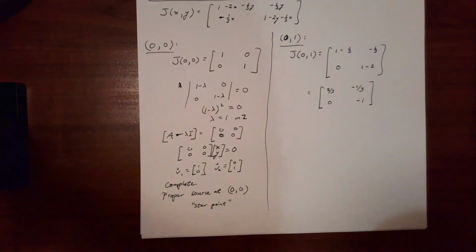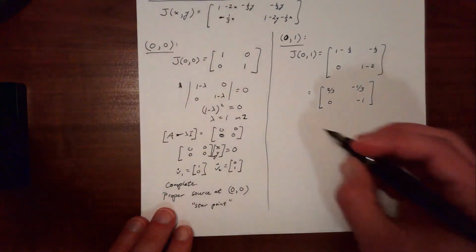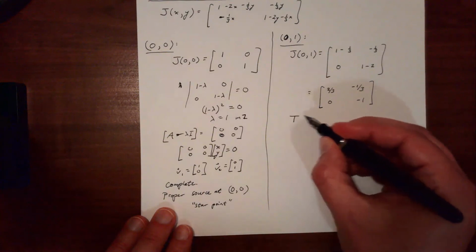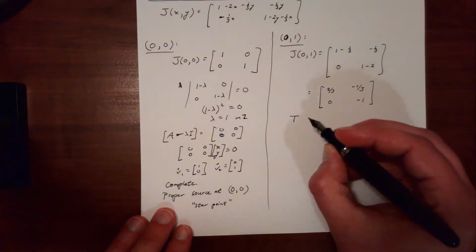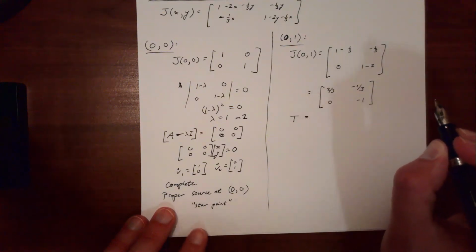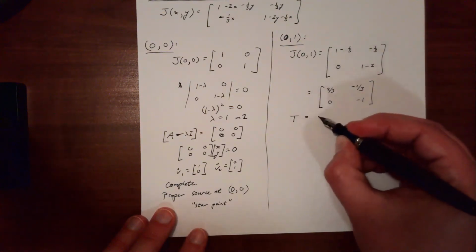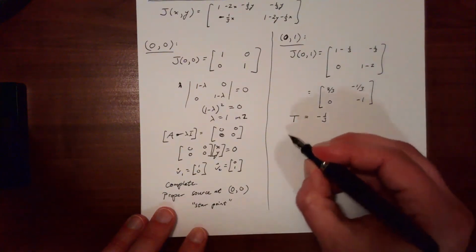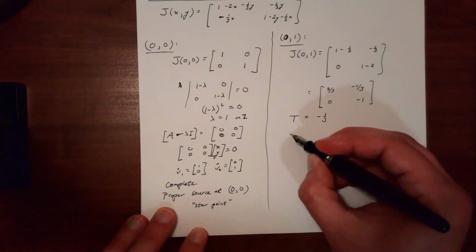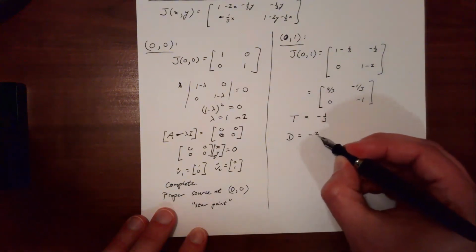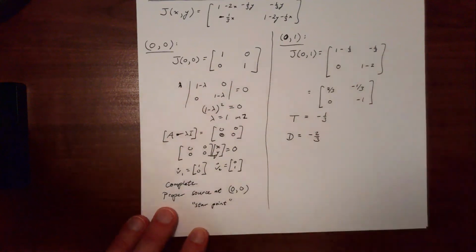So here, instead of finding the eigenvalues, maybe I'll just go with the trace determinant plane. So the trace here is equal to negative 1 plus 2/3. It's going to be negative 1/3. And then the determinant here is going to equal negative 2/3 minus 0, or plus 0.